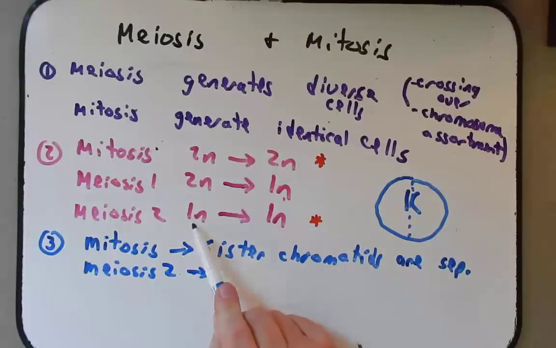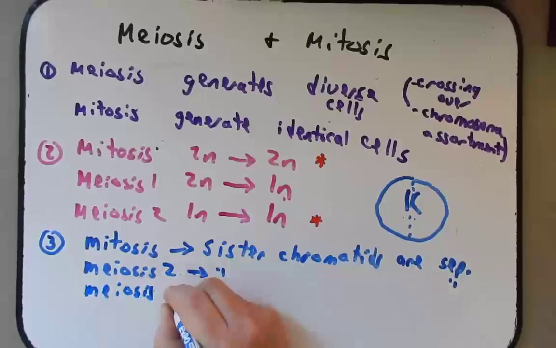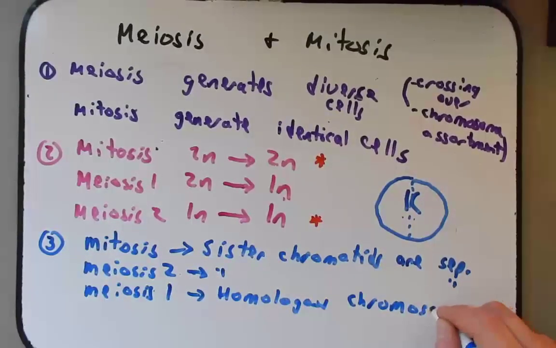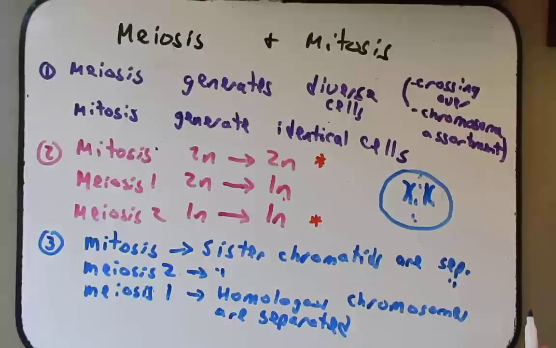You have these 1N cells with 1 copy of every homolog, and it also lines up on the metaphase plate such that a sister chromatid is on either side. So this is another way that meiosis 2 is more similar to mitosis. In meiosis 1, homologous chromosomes are separated. So it might look something like this, where you have your metaphase plate here and a homologous chromosome on either side of that metaphase plate.